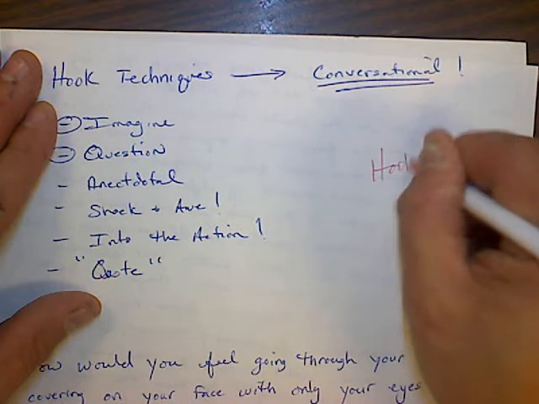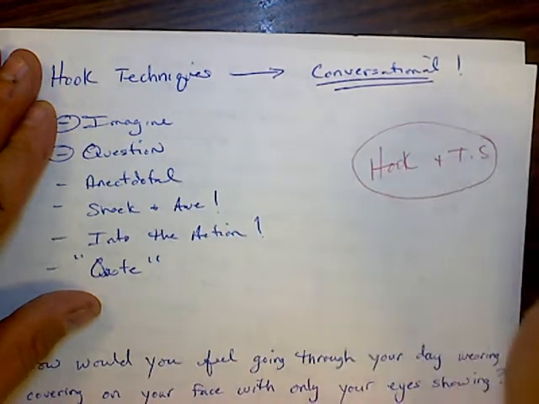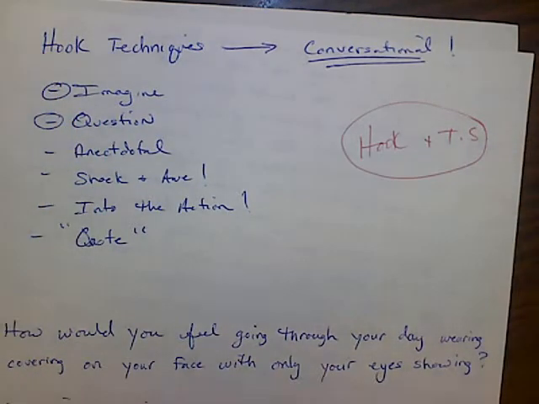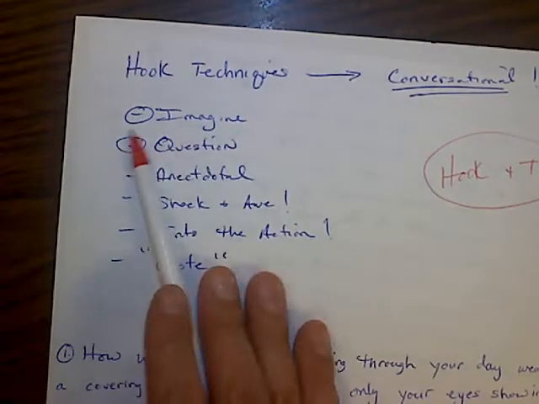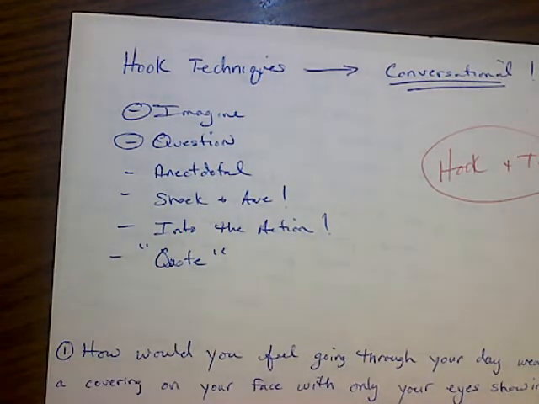It's going to include a hook plus that thesis statement. In 7th grade, we cover hook and thesis statement almost as if it was 4 sentences long. And it's because I share some hook techniques with 7th graders, trying to teach them how to create a hook.